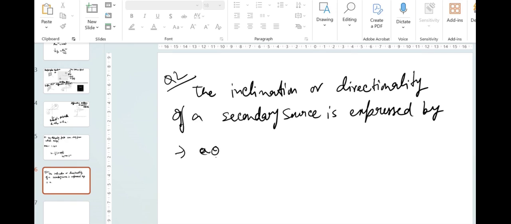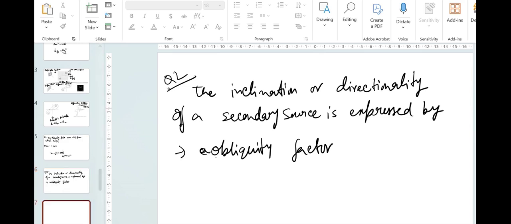The answer is the obliquity factor. Not sine, not cosine, not directional ratio, obliquity factor.